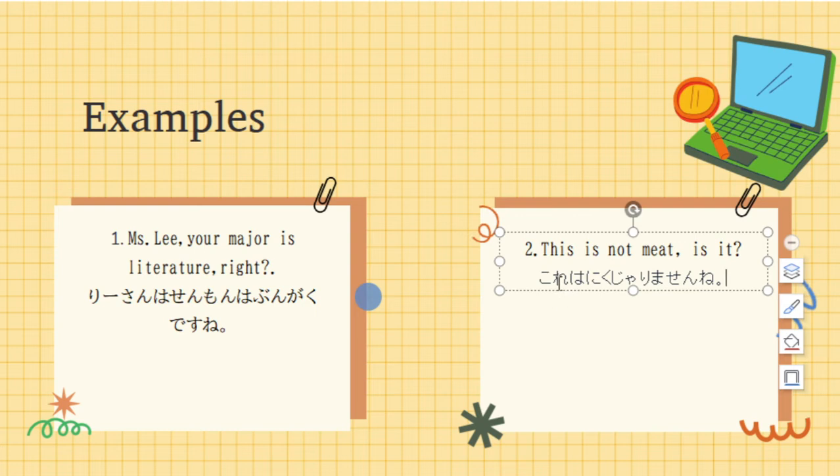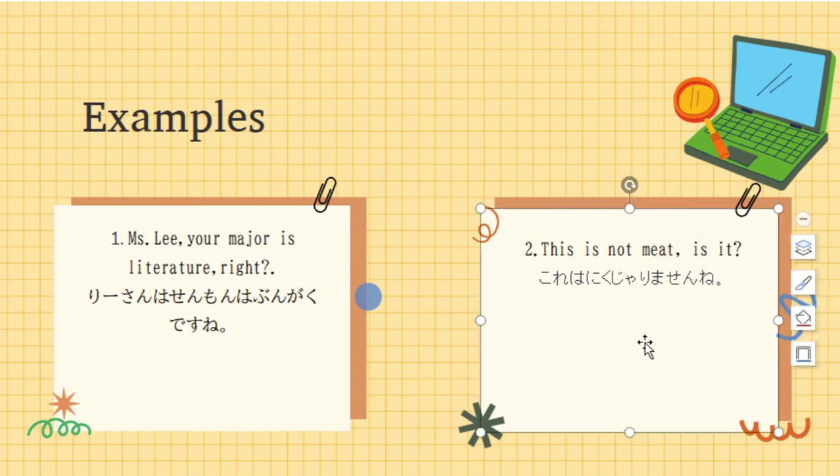We have, kore wa niku ja arimasen. Ja arimasen ne. That is, this is not meat, is it? So we will just use the particle ne if you want someone to agree with you. So that is added at the end of the sentence.